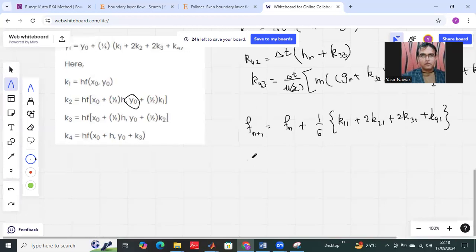And then Gn plus 1 is equal to Gn plus 1 by 6 into K12 plus 2 K22 plus 2 K32 plus K42, the second equation of each stage.